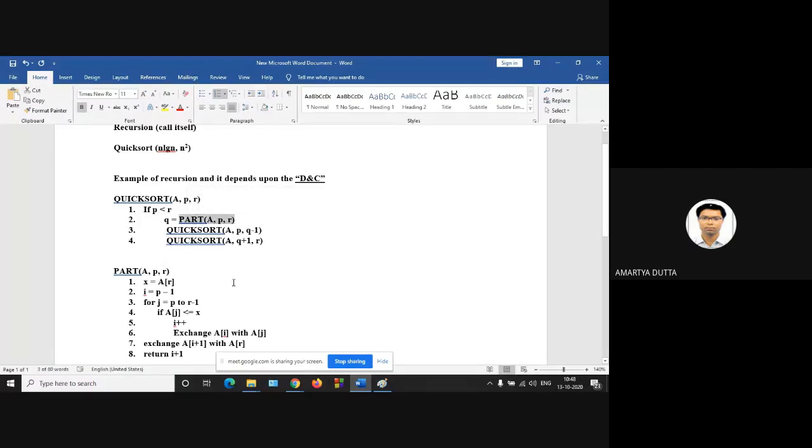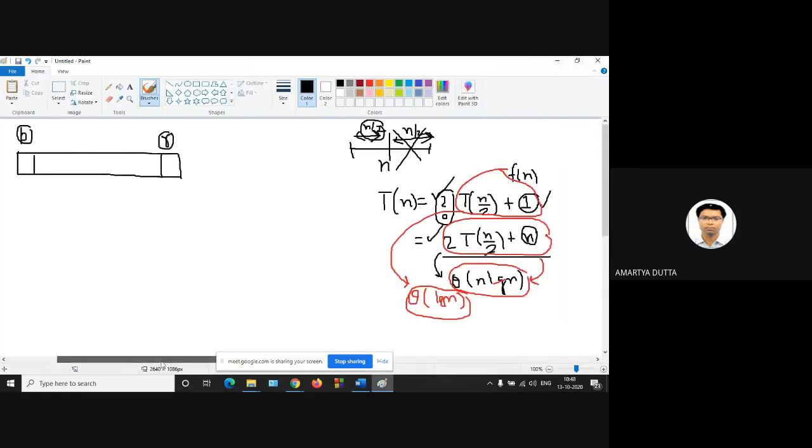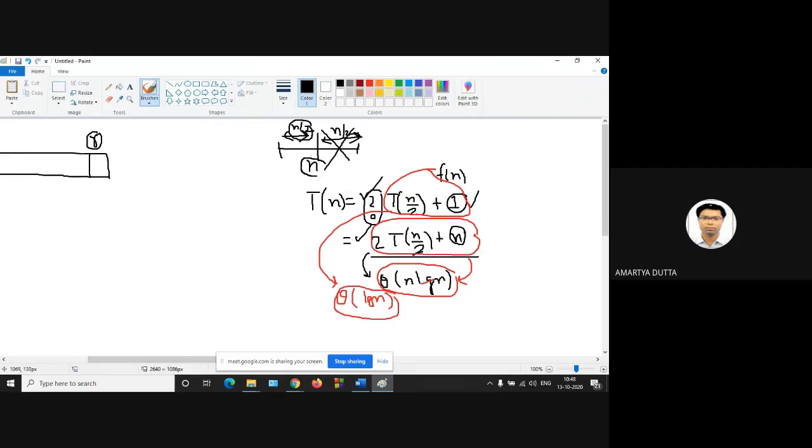You have to partition your whole array into two halves. If the problem size is n, and you divide your problem into b number of partitions, then each subproblem will be of size n/b. Here, in case of binary search and in case of quick sort, you divide the array into two halves.